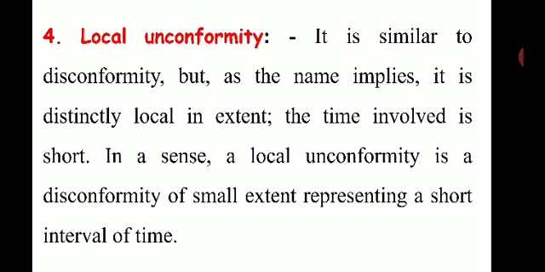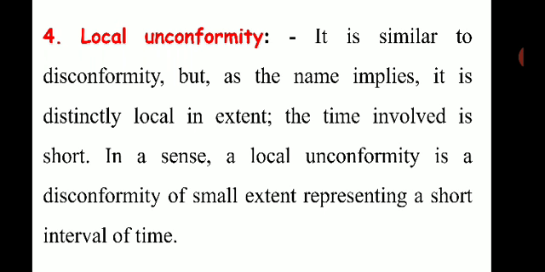Then the next type of unconformity is a local unconformity. So it is similar to disconformity. What is disconformity? I told you, wherein the rock formations on either side of the unconformity are parallel. So it is similar to disconformity but, as the name implies, it is very local in extent.